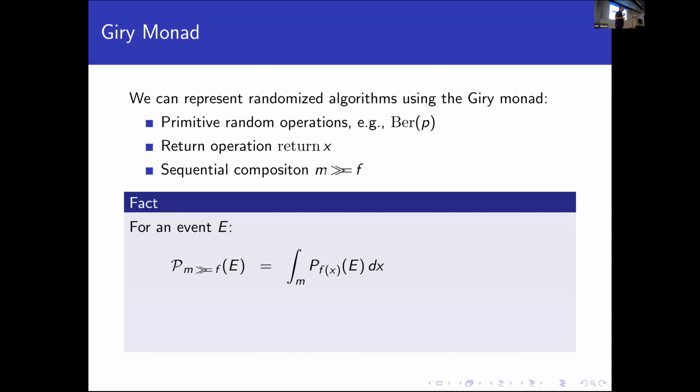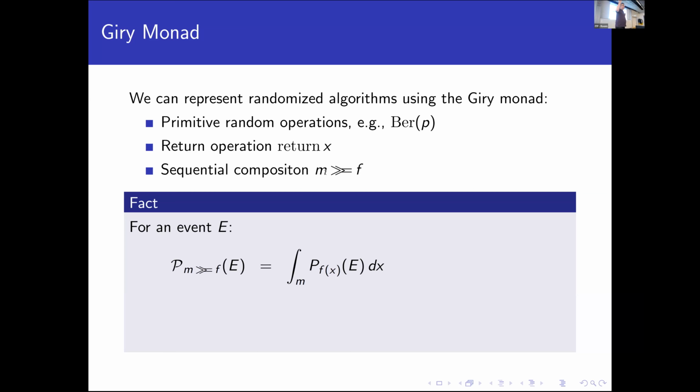And maybe the interesting part is how to compute the probability of an event when it's part of a sequence. So we have a randomized algorithm M, which outputs some value, and it's computed by the randomized algorithm F. And we want to compute the probability of an event there. What you would do is compute the integral of the probabilities for the event for each possible value F can take, and integrate them based on the probabilities of the first algorithm.